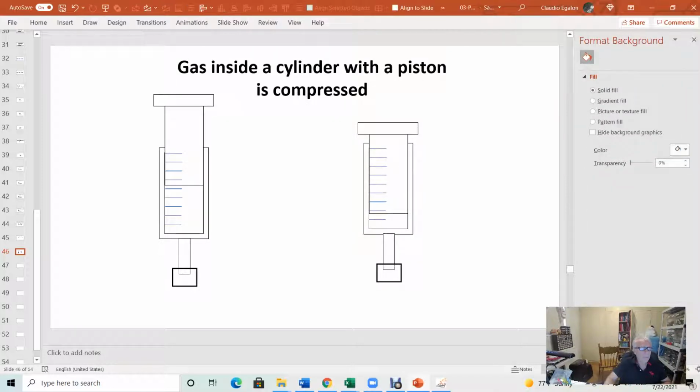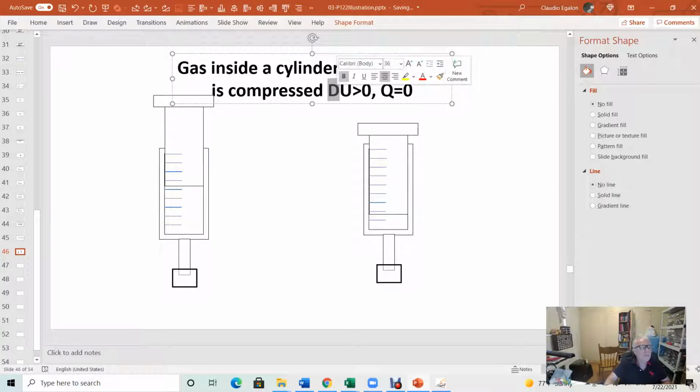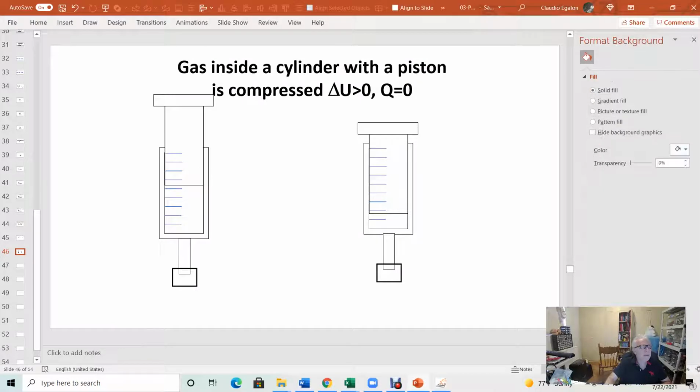Okay. Internal energy of this gas increases. That's what it means. The work done on this system is positive. I'm assuming that heat is equal to 0, okay? Heat is equal to 0. Symbol. Like that.